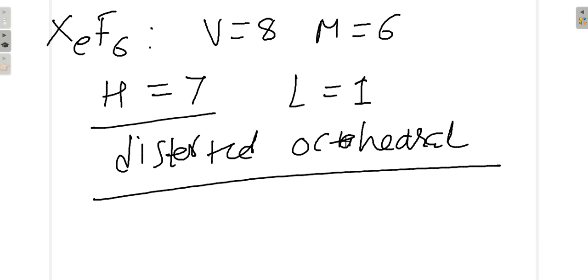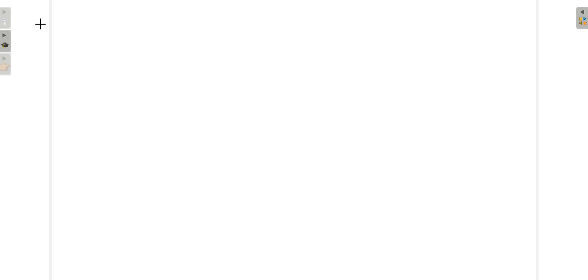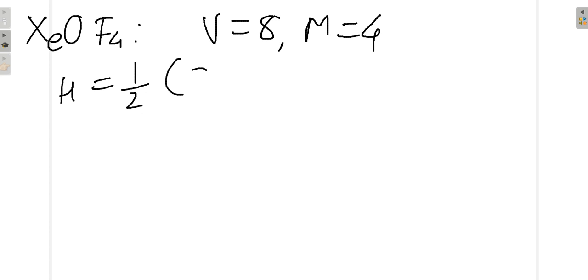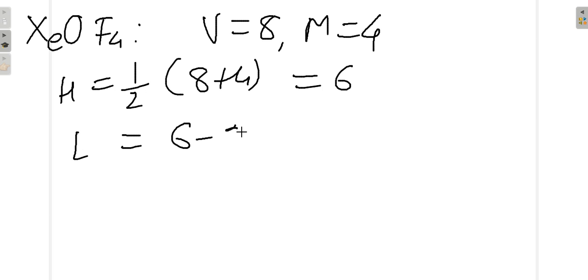Let us consider one last thing. So there is one lone pair and octahedral.